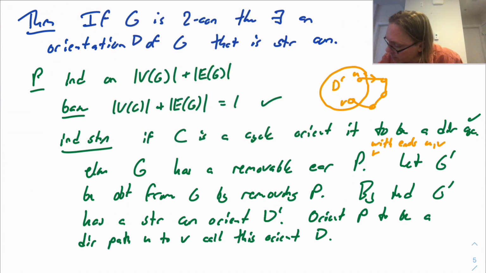I've oriented this path P so that it's a directed path from U to V, and now I'm going to claim that this is a strongly connected orientation of the original graph. So I'm claiming that this digraph D is strongly connected. And the proof of this is very easy.